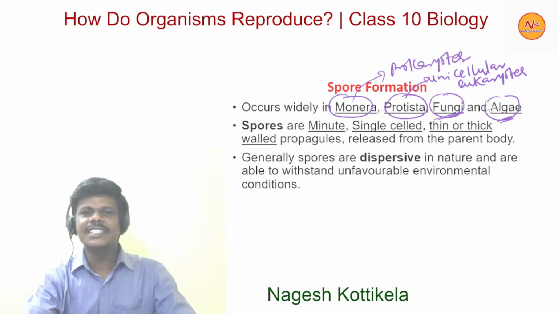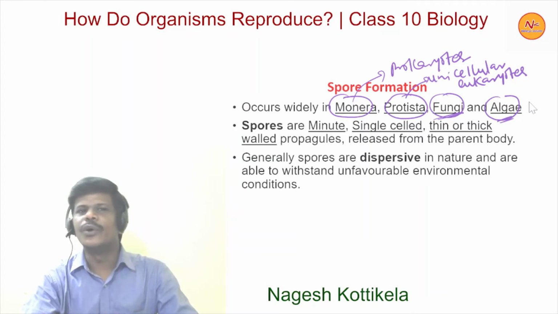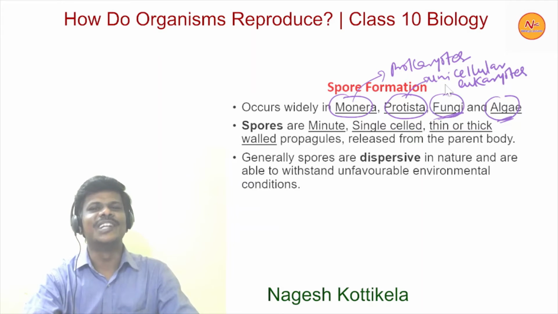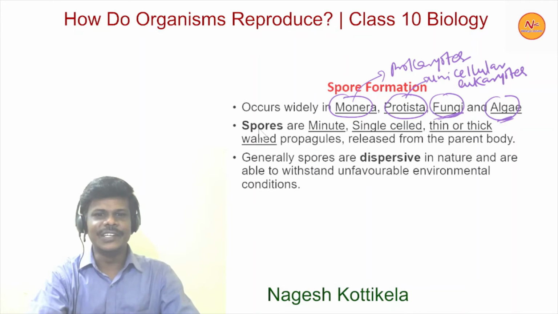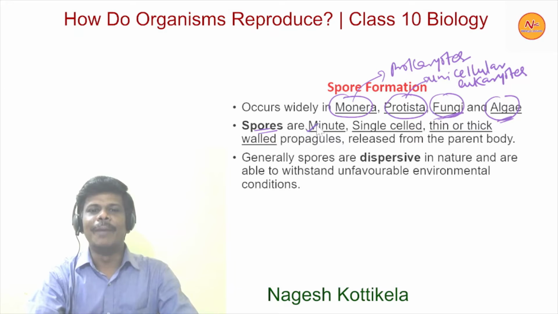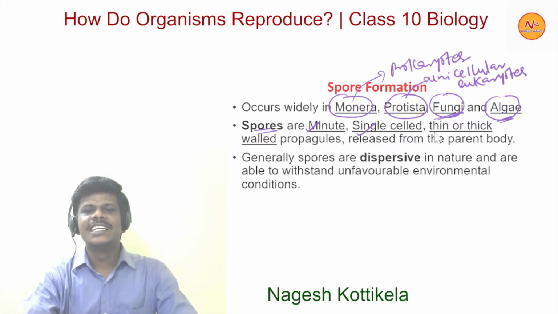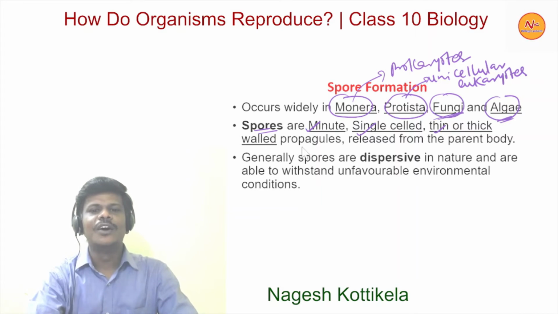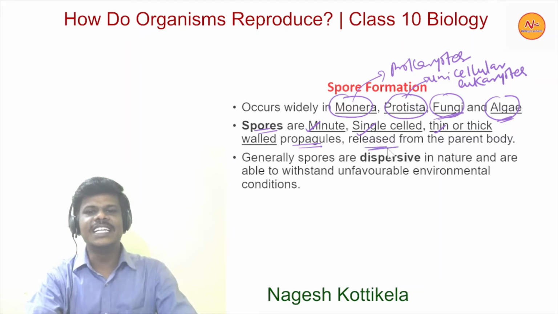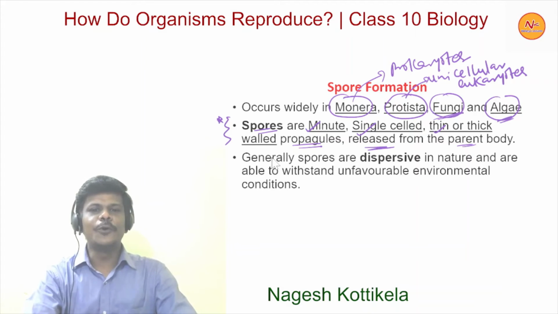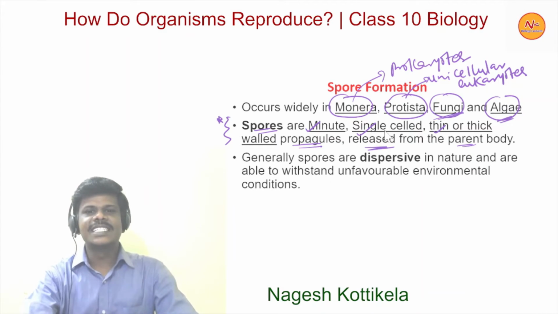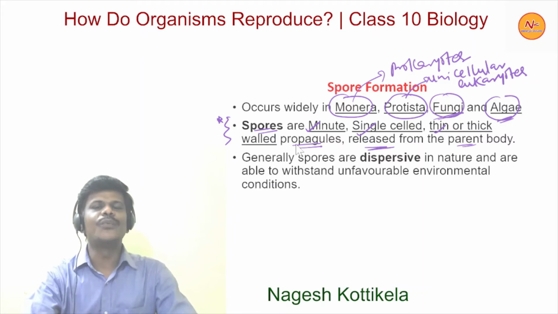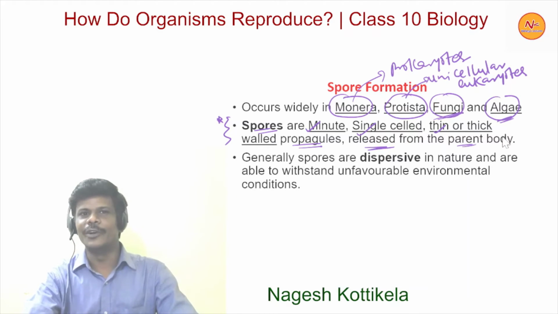In all these groups of organisms, spore formation can be seen, and spores are minute, single-celled, thin or thick-walled propagules released from the parent body. I repeat this important statement once again: spores are minute, single-celled, thin or thick-walled propagules released from the parent body.